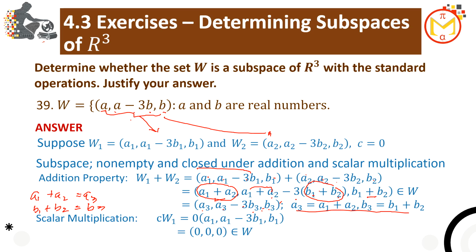Say your c is negative 2. Let's use W sub 1, so a sub 1, a sub 1 minus 3 b sub 1, b sub 1. So what will happen?